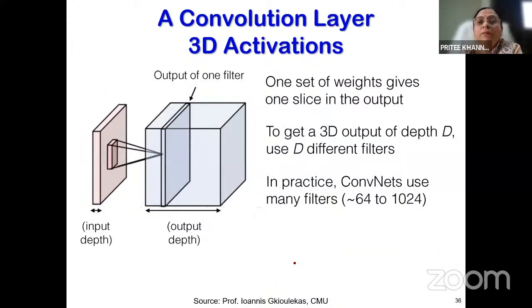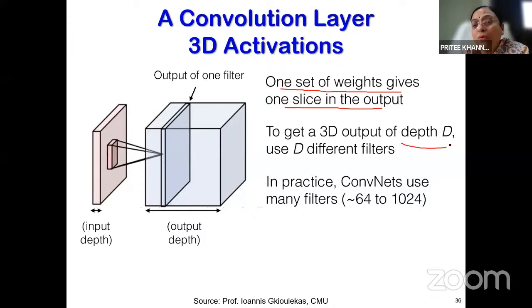Now again, as I told you, we are using filters, and each filter adds one layer in the output. Here you can see the output of one filter. That filter, which is nothing but a set of weights, gives you one slice here.